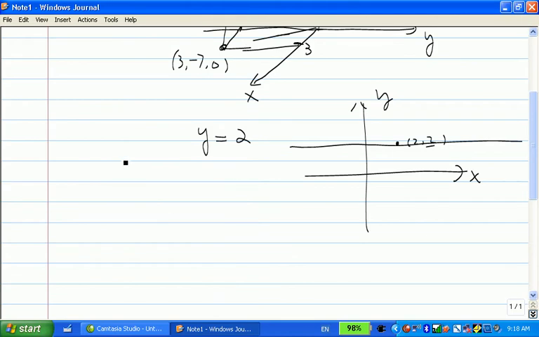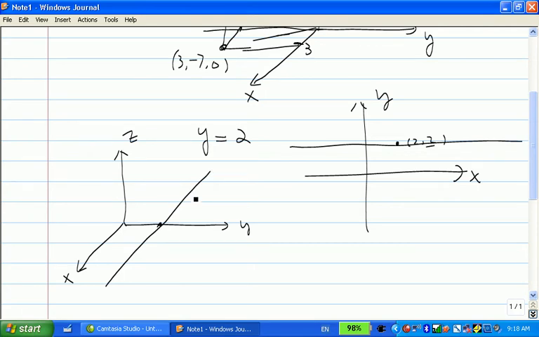In three-dimensional space, the same equation will represent a different thing. Here's a 2, so y equals 2. You might say it's still a line.